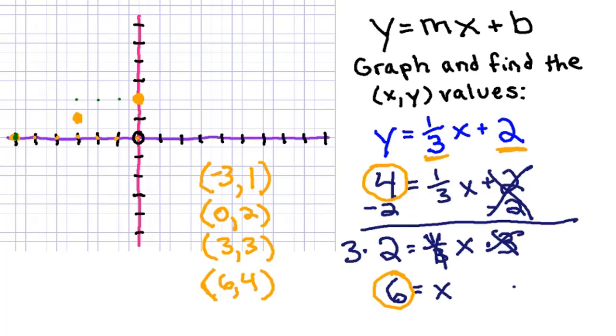Then we have +3 as our x value and +3 as our y value. And then we have +6 as our x value and 4 as our y value. So there is our line. And it just keeps going and going and going.